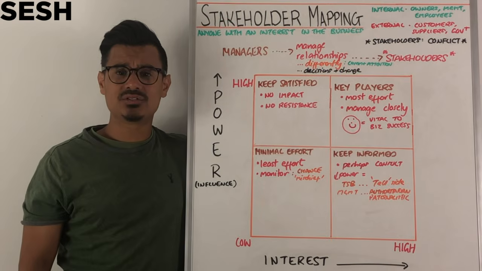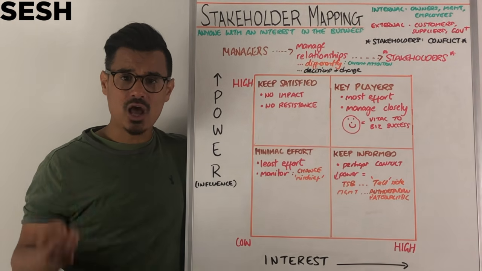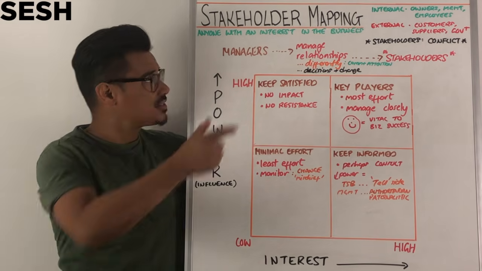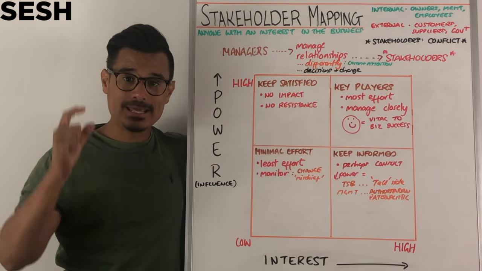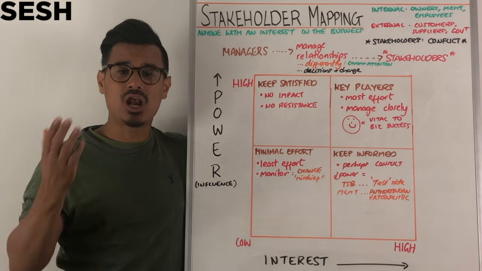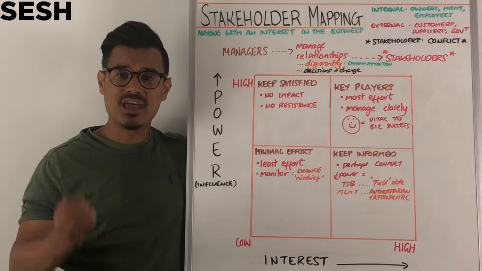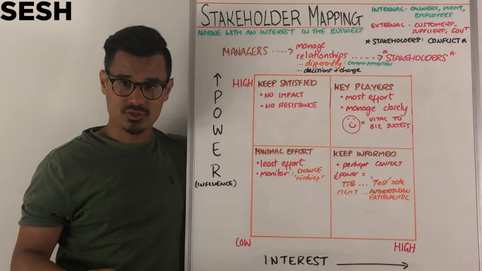Now, the last thing to add on to this is whether the business is taking on a shareholder approach or a stakeholder approach. If they're taking on a shareholder approach, that would suggest that managers are solely interested in keeping the shareholders happy. And you keep shareholders happy likely by high profits and therefore dividends, divvies to the shareholders.